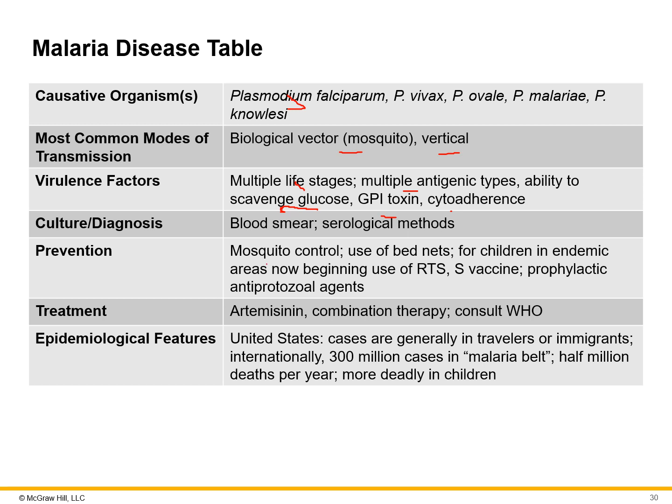So controlling the mosquitoes is an important way. So using bed nets for children, like in Africa where it's endemic, when there is a vaccine, and also prophylactic anti-protozoal agents can be given after an infection. So some of the treatment here is some combination, and consulting the World Health Organization is important as well.